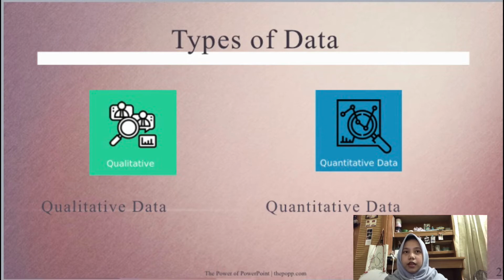And the next is quantitative data. It can be counted or compared on a numerical scale and is also used when a researcher wants to quantify a problem. The example of quantitative data is like the thermometer temperature to know the weather, and also ratings on a scale of 1 until 10 of a television program or drama serial.